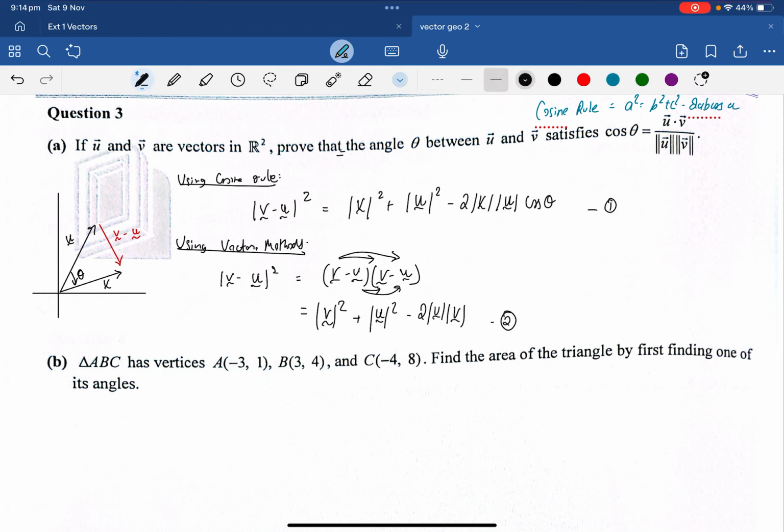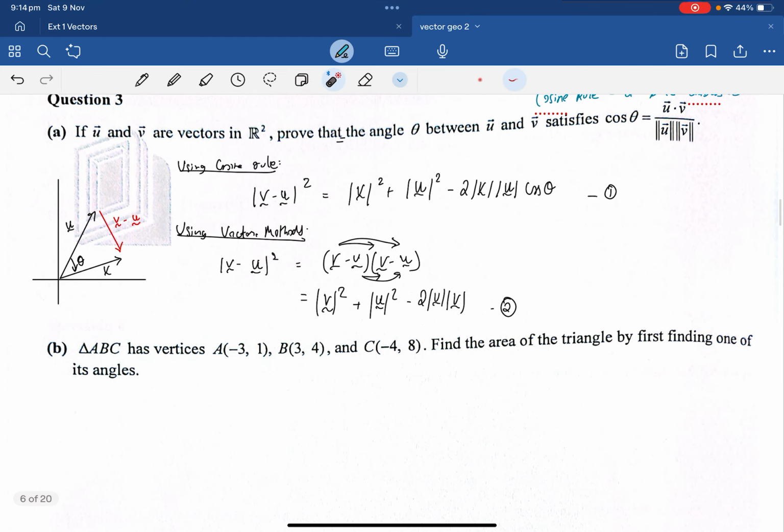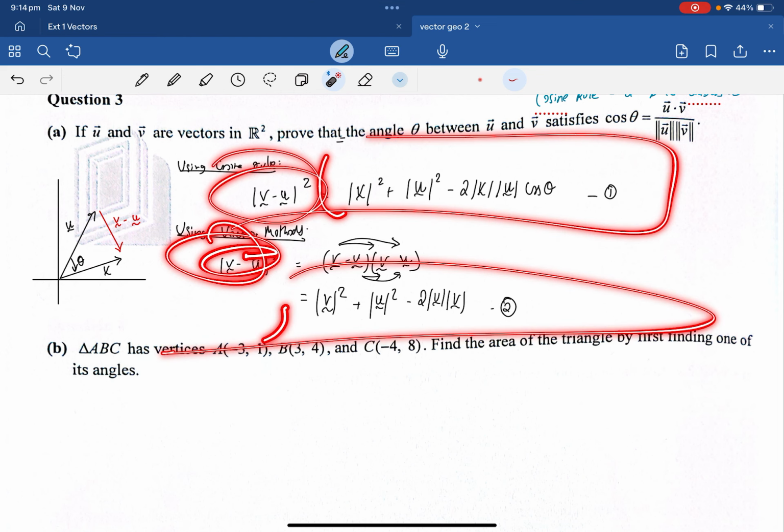Now what do we get from this? Well, you see how both these are equal. This is vector v minus u magnitude squared, and this is also v minus u squared. So if this is equal, then the output is also equal.